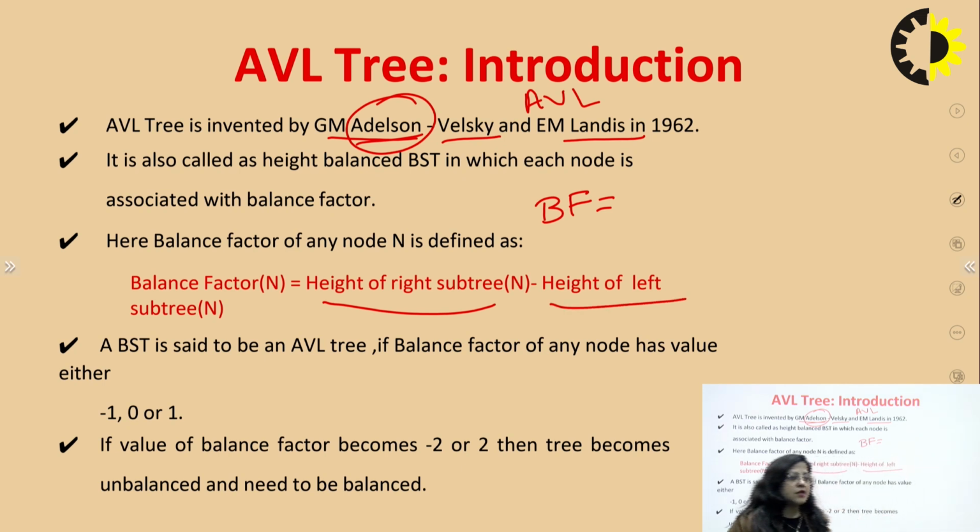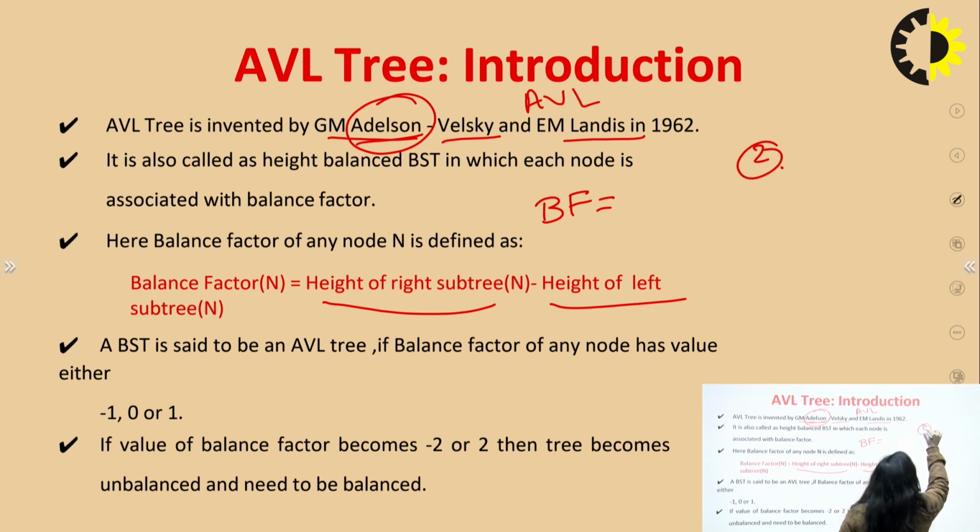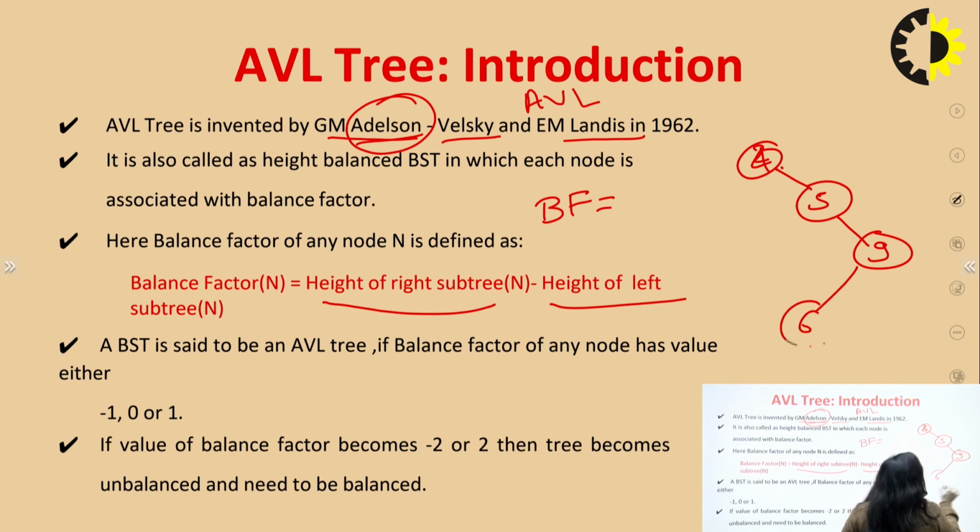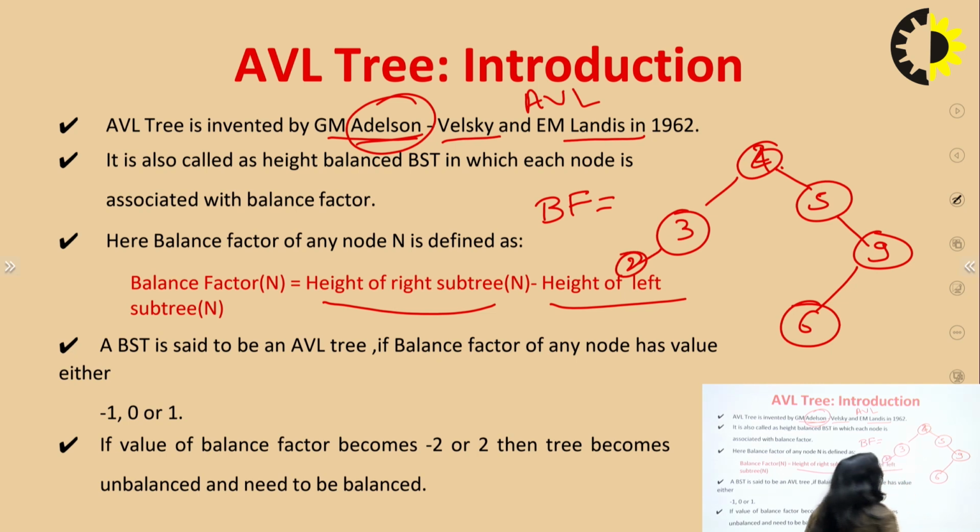Let's suppose we take the example of a BST and I will tell you how to find the balance factor. Let's suppose this one is 4 and 5, 9, like this 6, and also here 3, and this one is 2.